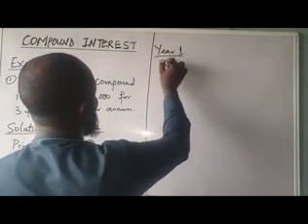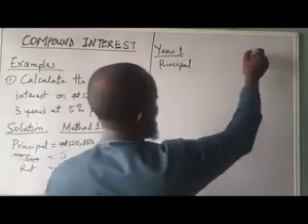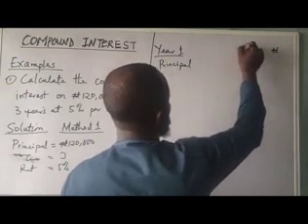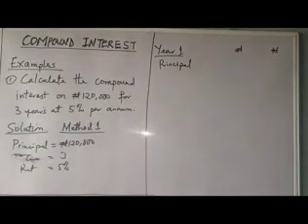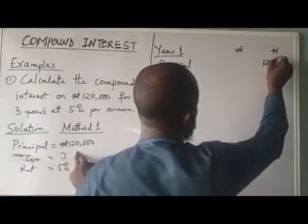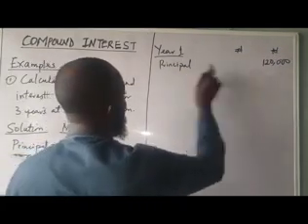So the principal, we're going to have 2 columns. The first one here and the second one here. All right. So the principal is 120,000. Let's have it here. Then we are going to calculate the interest on this.